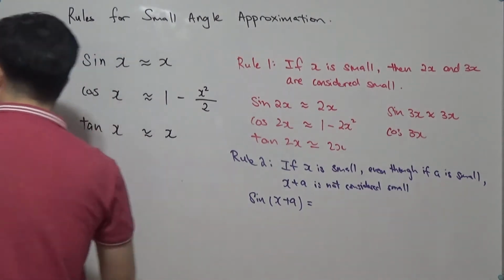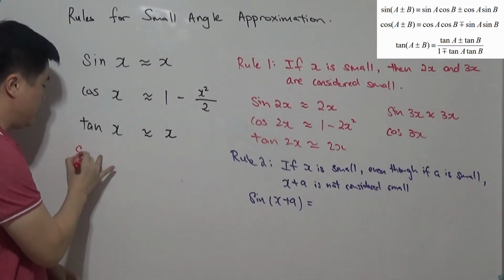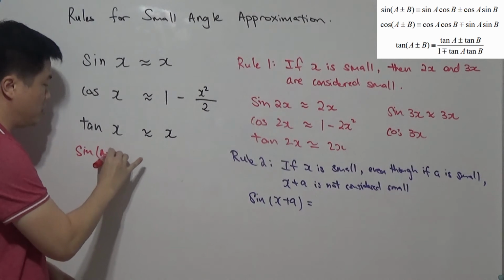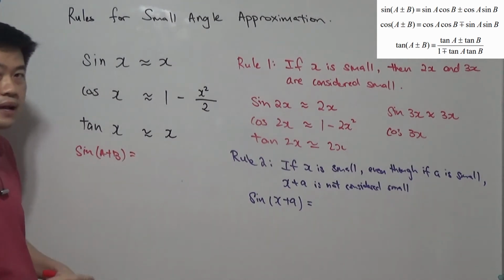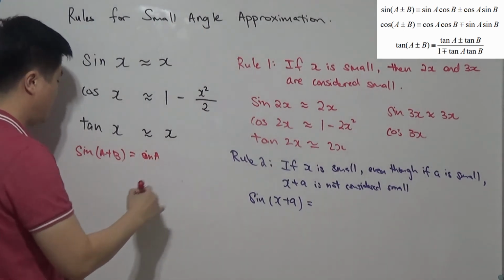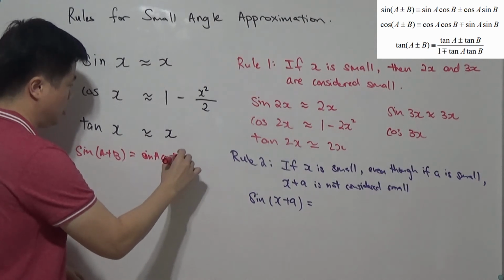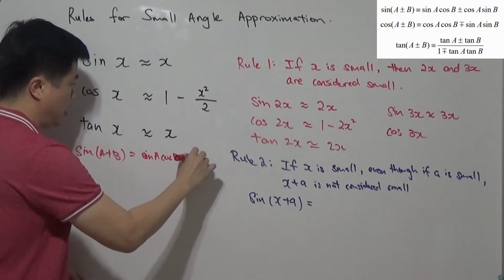Now, back in secondary school, we already learned how to expand sine of a plus b, which are the compound angles identities. So this will give us sine a cos b plus cos a sine b.